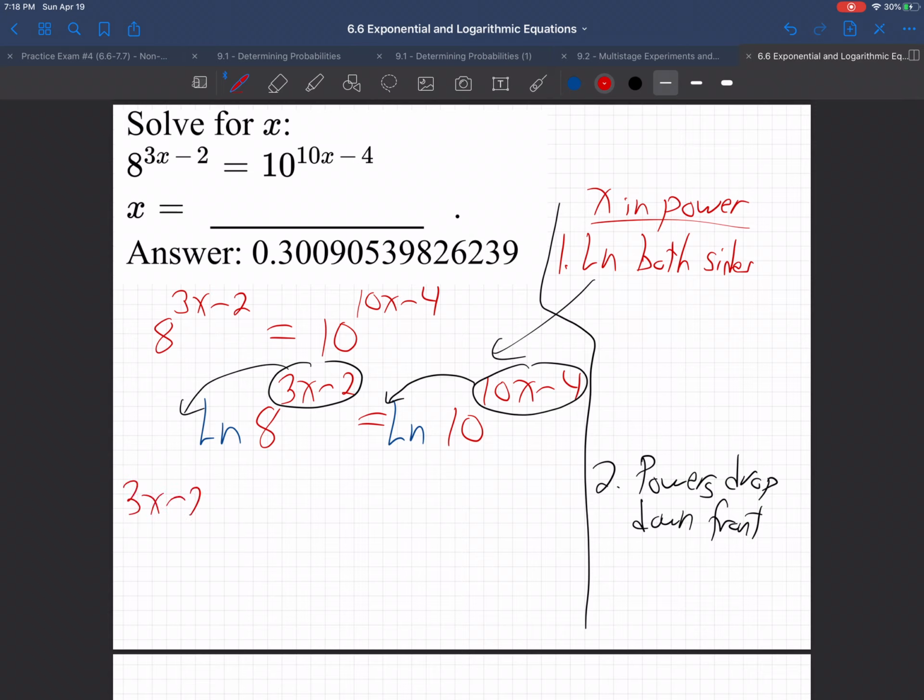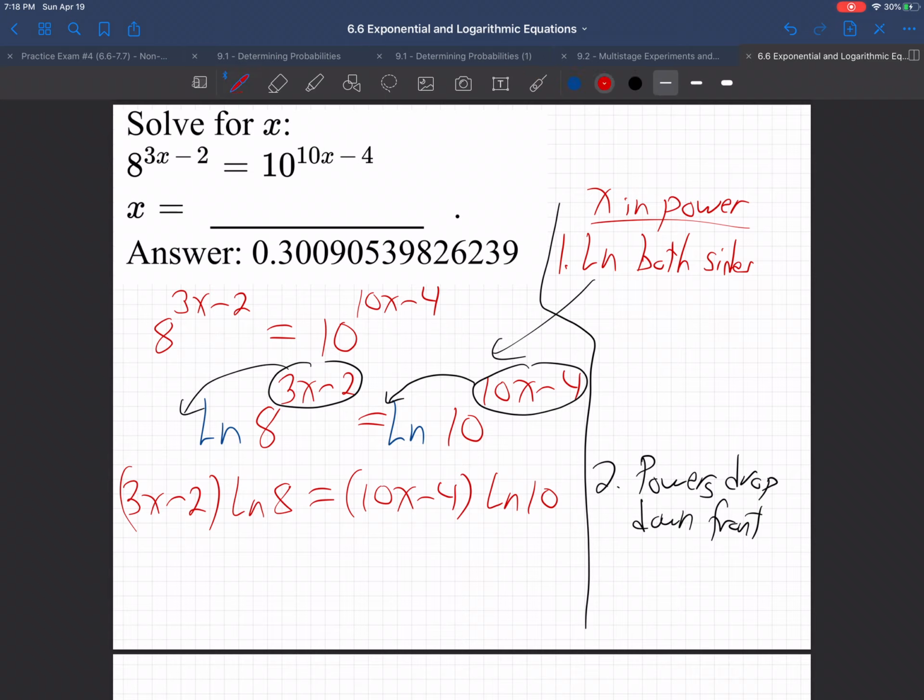So 3x minus 2, and you have to have parentheses around the 3x minus 2 and the 10x minus 4, because that way the whole 3x minus 2 is multiplied by the natural log of 8, and the whole 10x minus 4 is multiplied by the natural log of 10, because the whole thing was the powers, so the whole things need to be multiplying. That's what the parentheses say.